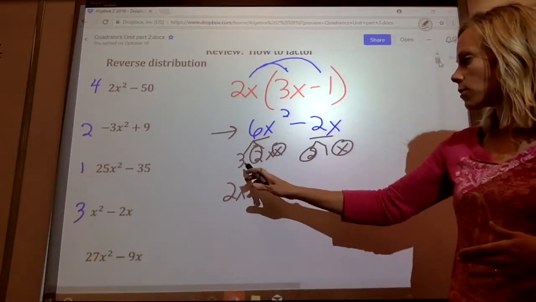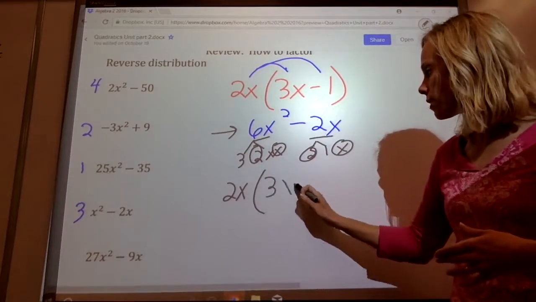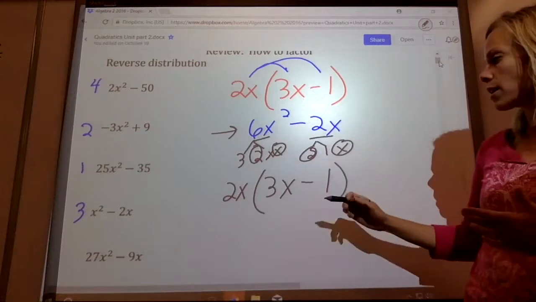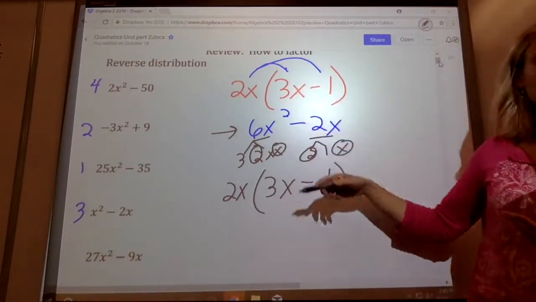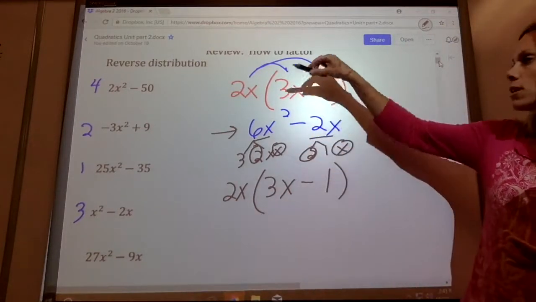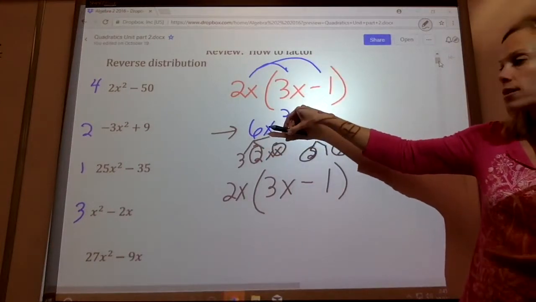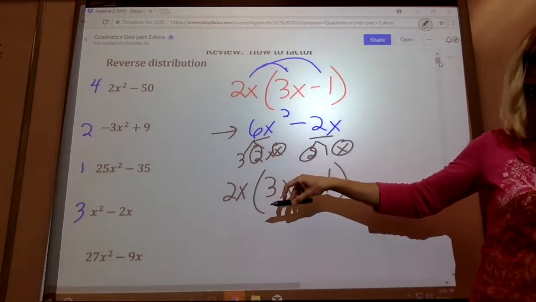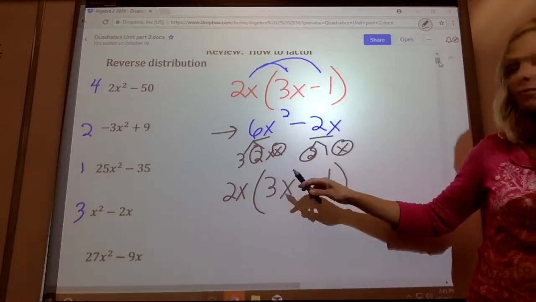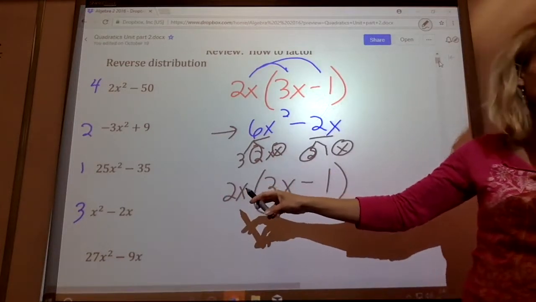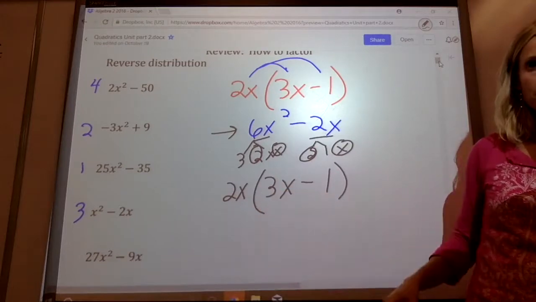What's left in my first term, 3x. What's left in my second term, 1. And I get this. See how I just went backwards? Instead of starting here and distributing it through, you're starting with the answer and saying, what did I distribute through? That's factoring. You're factoring out that common term. You just got to the same thing.